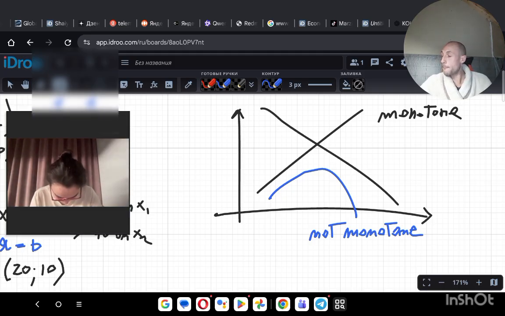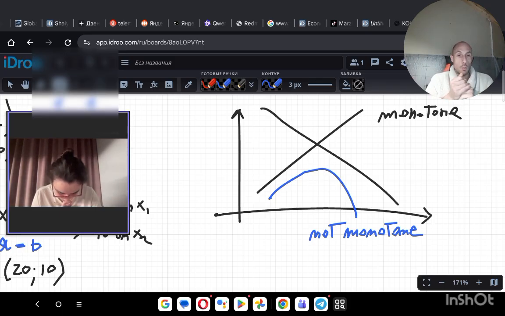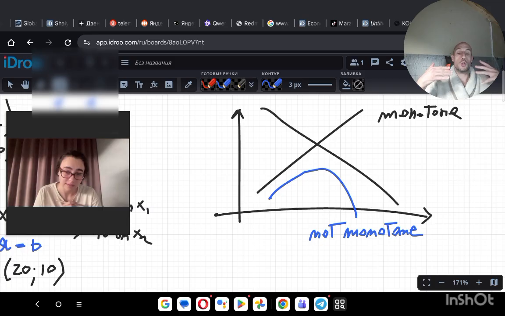I think convexity? No, both transitivity and monotonicity.